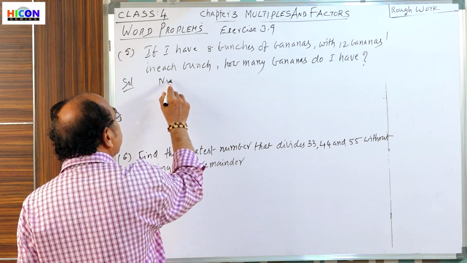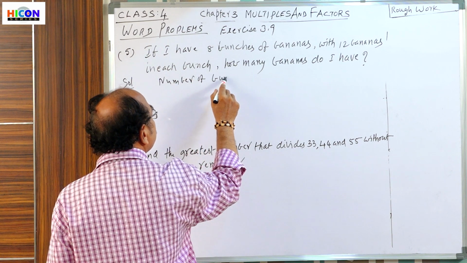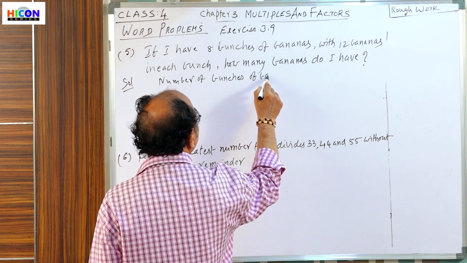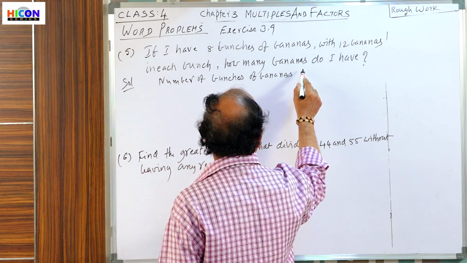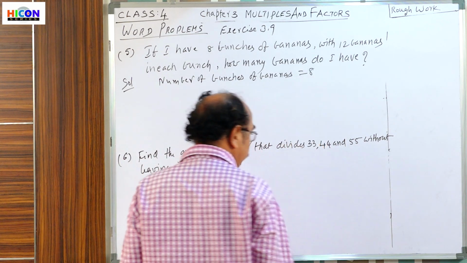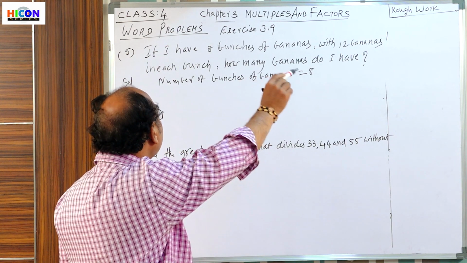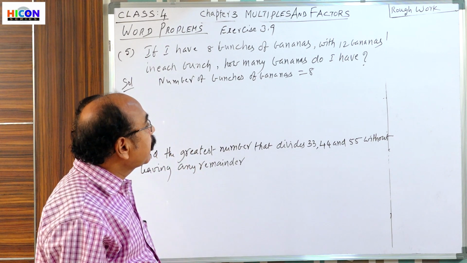Number of bunches of bananas. 8 bunches are there. In each bunch, how many bananas are there? With 12 bananas in each bunch. In each bunch there are 12 bananas.